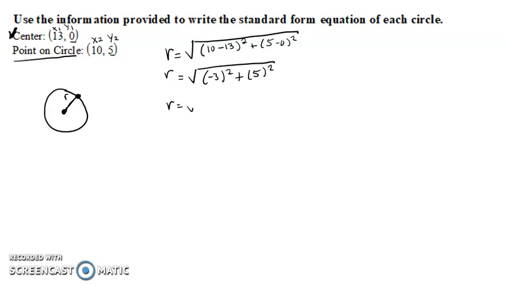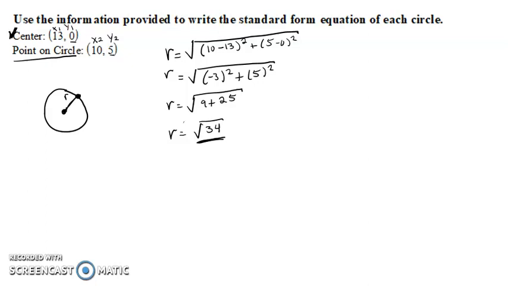So my radius is going to be the square root of 9 plus 25, or simply square root of 34. So my radius is square root of 34, and you can simplify even further by maybe pulling out a perfect square. I like to leave it as just this right here, because whenever you put it into equation form, it's going to make it really nice and simple.